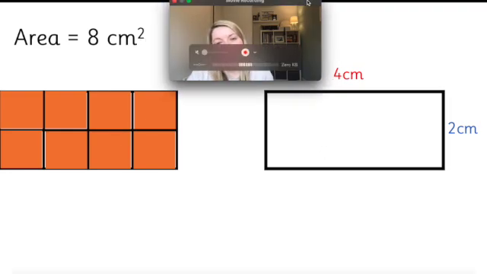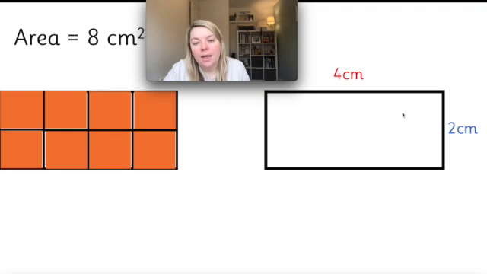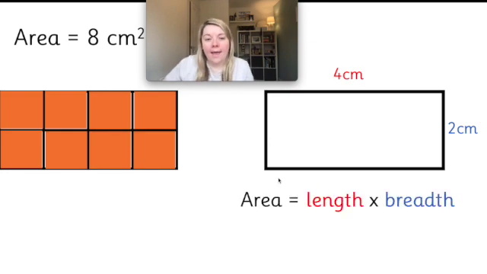So moving on to strategy 2, if I look at this side, the only information I know is that this is 4 centimetres and this side's 2 centimetres. But that also means I know that this side's 2 centimetres and the bottom is 4 centimetres because it's a rectangle. So area equals length multiplied by breadth.